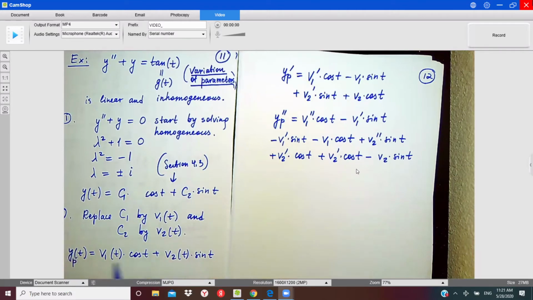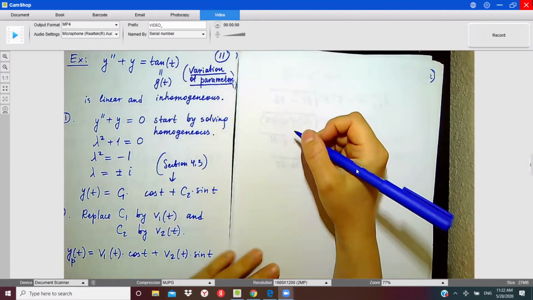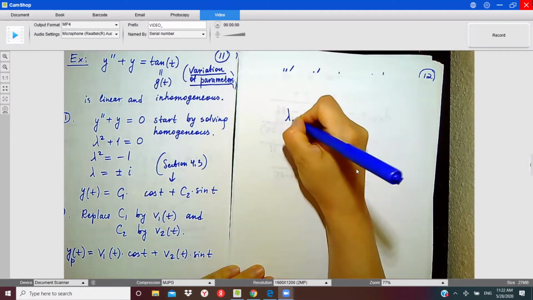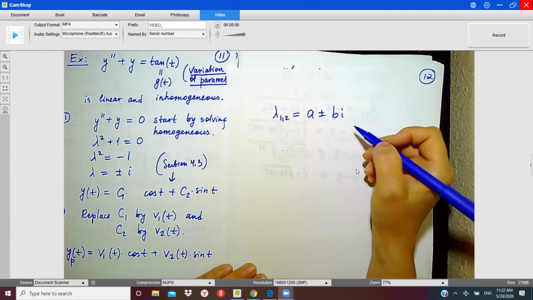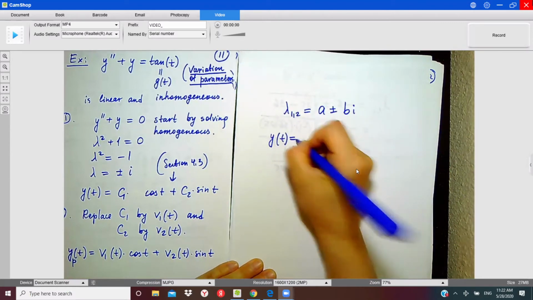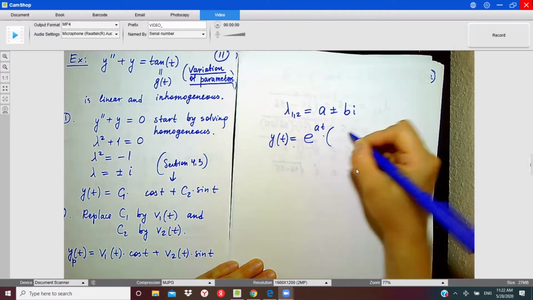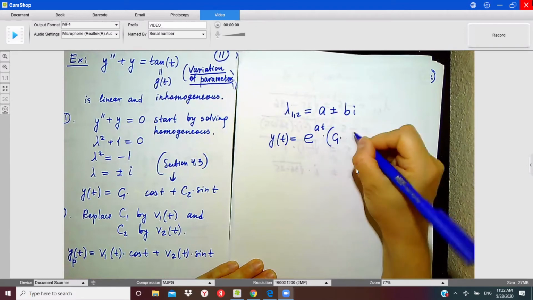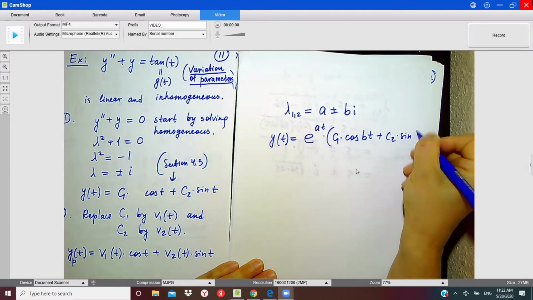Let me use this paper here as a scratch. So again, we said that if you have two complex characteristic numbers, then the corresponding general solution will be in the form e to the at times c sub 1 cosine of bt plus c sub 2 sine of bt.